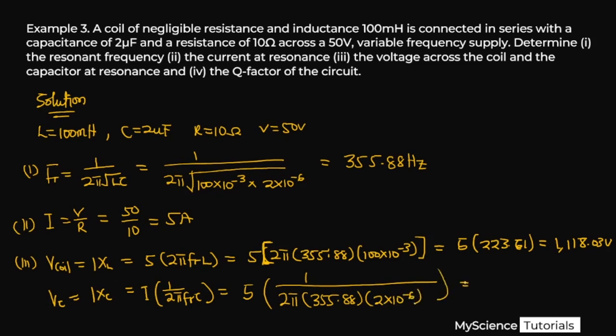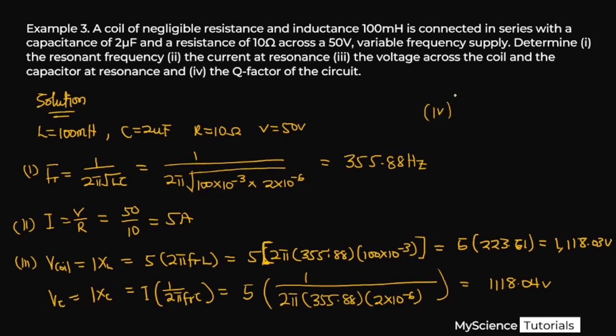If we multiply everything, we get 1118.04 volts. So we have our V coil and our VC, the voltages across the coil and the capacitor.